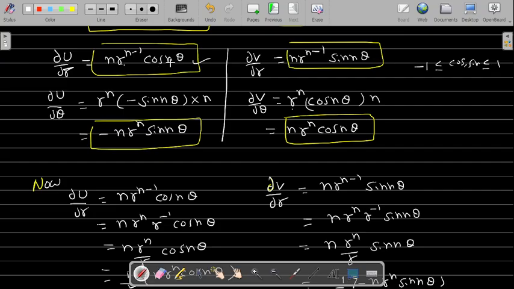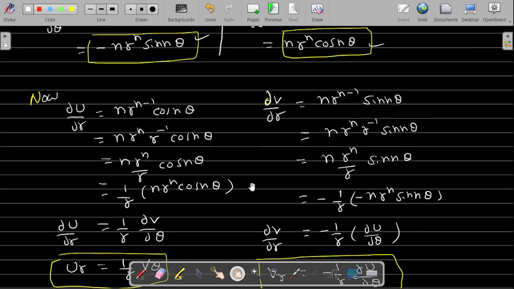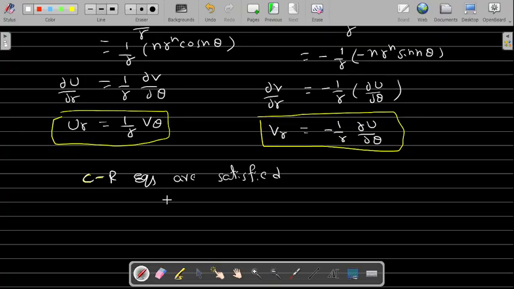So whatever the theta value, whatever the r value, you will get a finite partial derivative. This is also finite, this is also finite. All partial derivatives, dou u by dou r, dou u by dou theta, dou v by dou r, dou v by dou theta, are finite numbers only. So therefore the partial derivatives are continuous.